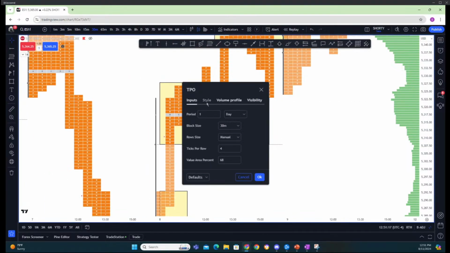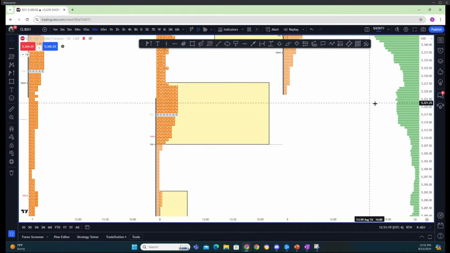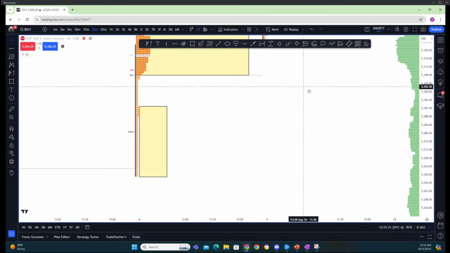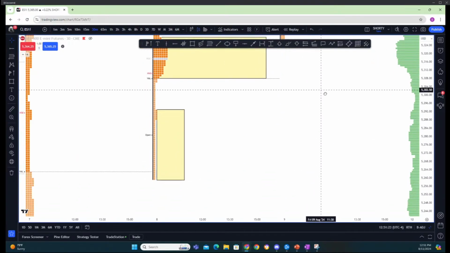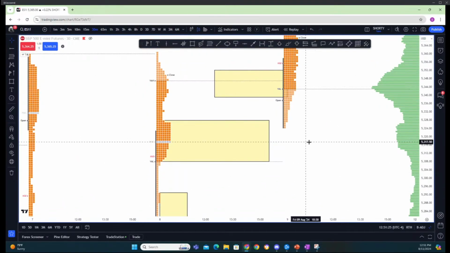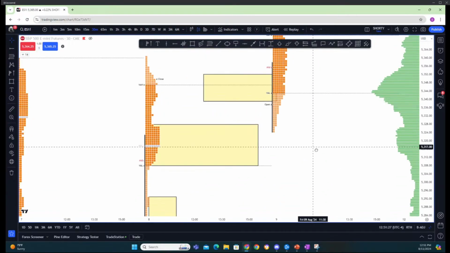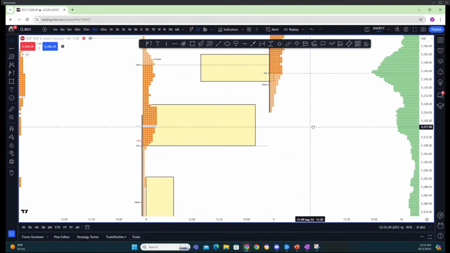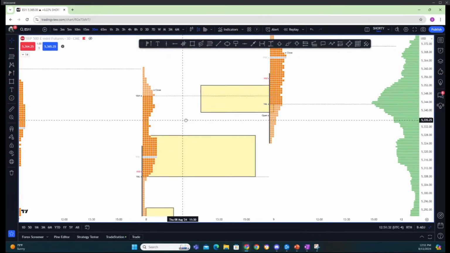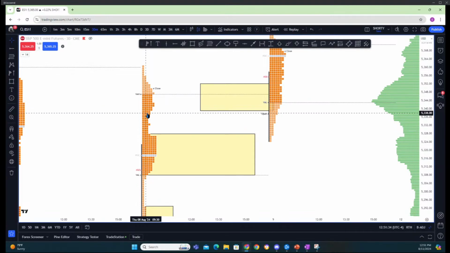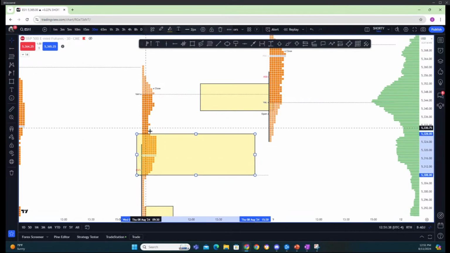So now if you look at this day, for instance, and you zoom out, what type of day is this? Double distribution. B, or capital B. Yeah, it has a node here and it has a node here, not a clear distinction of value, but you know, there was major value being built here.